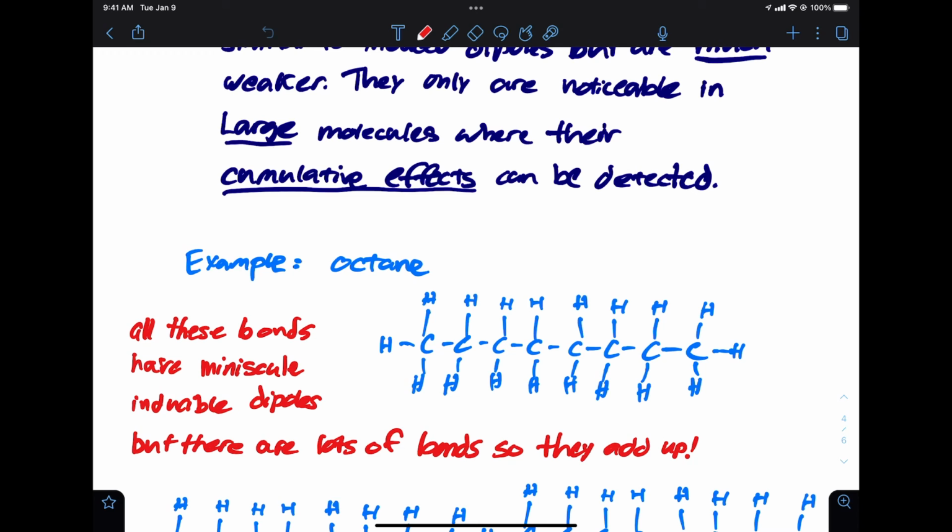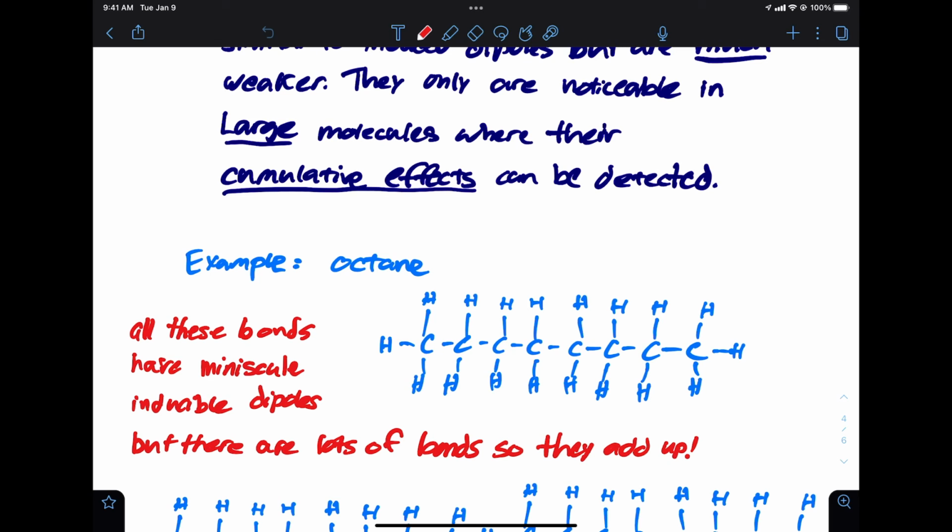Carbon is minusculely more electronegative than hydrogen, so it tends to drag electrons toward it a little bit more, but it's a very, very small difference. Carbon-carbon bonds are, of course, completely nonpolar because carbon cannot be more electronegative than its neighbor carbon. So overall, octane is a very nonpolar molecule.